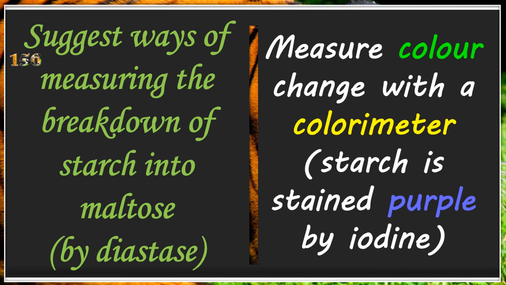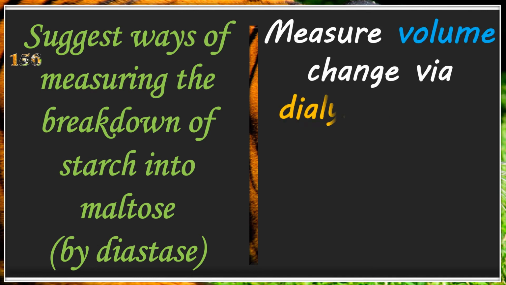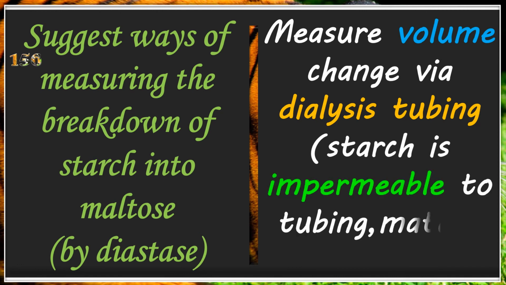Starch is stained purple by iodine. Measure volume change via dialysis tubing. Starch is impermeable to tubing, but maltose is not.